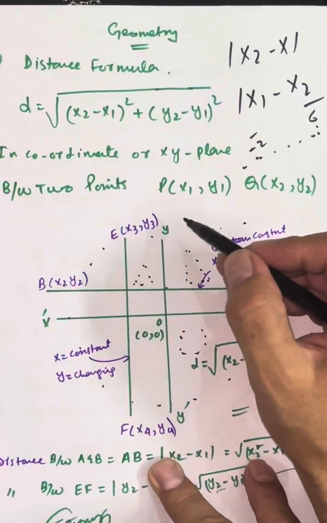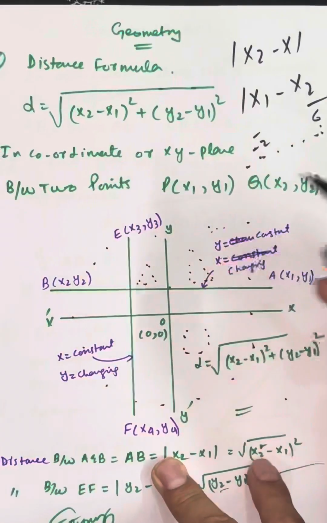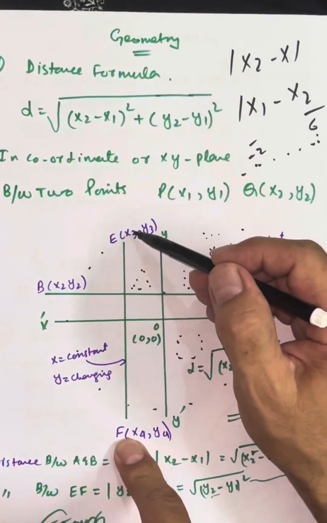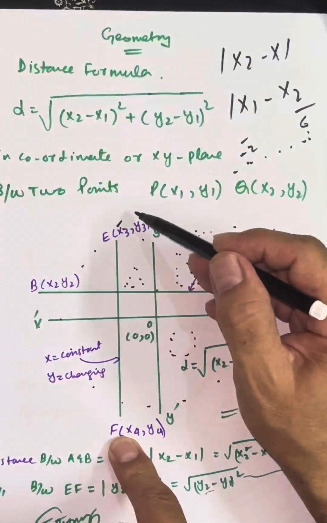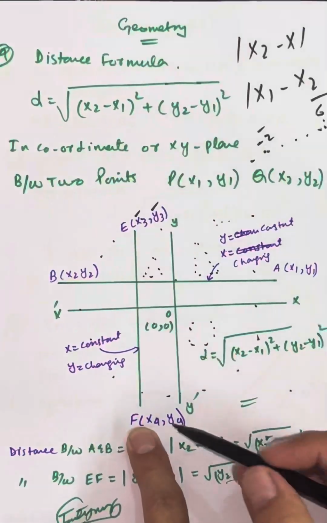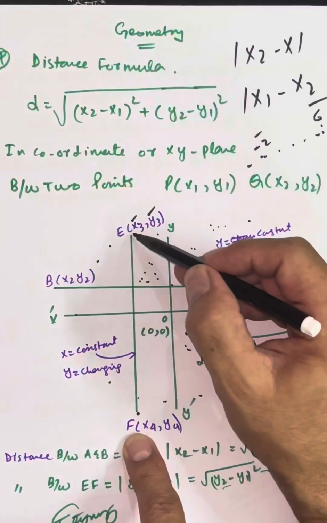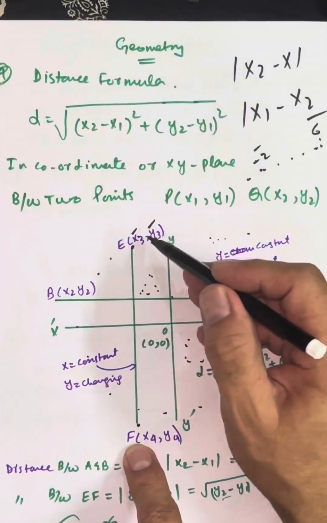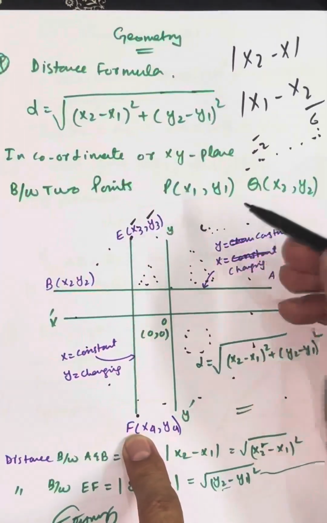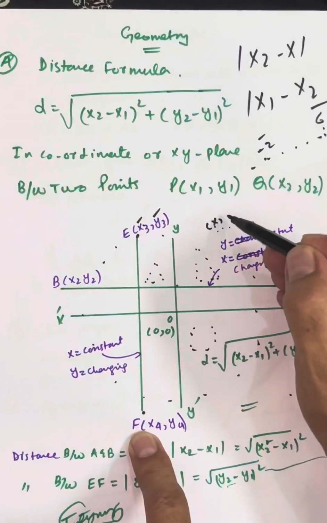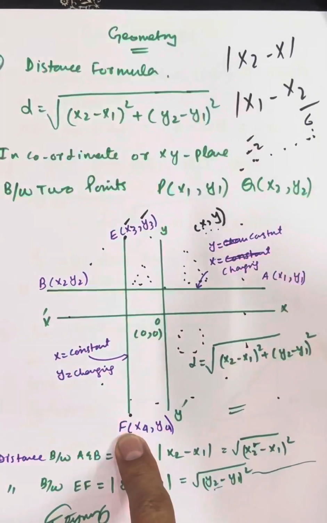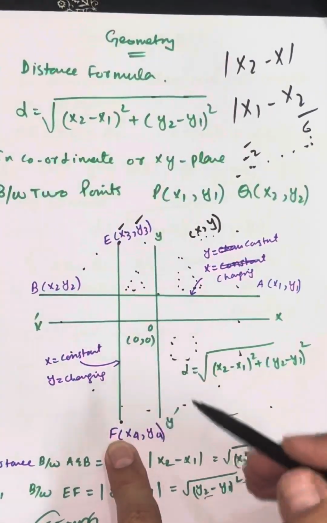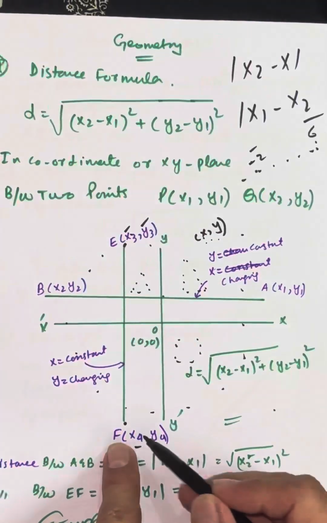So the distance between 2 points here, if you want to find the distance between E and F, so E has x3 as the x coordinate, y3 as the y coordinate, and this point here and this point. This is point E. We know that any point on the xy plane has two coordinates, x coordinate and y coordinate. So this is E, this is F. So F is x4 and y4.